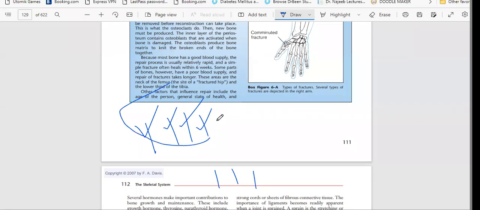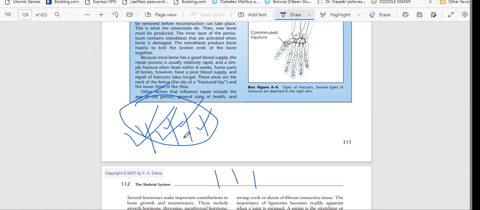Whenever there are bone-related issues or any degenerative diseases related to the bones, first of all, you have to know the history of the patient. What is his family history? What is his nutritional diet?